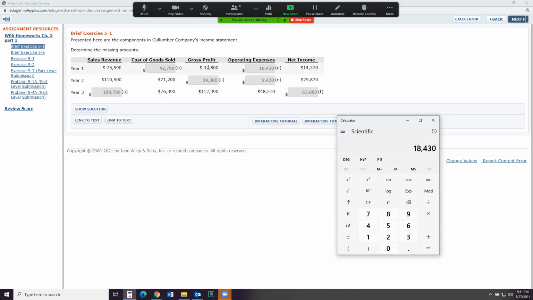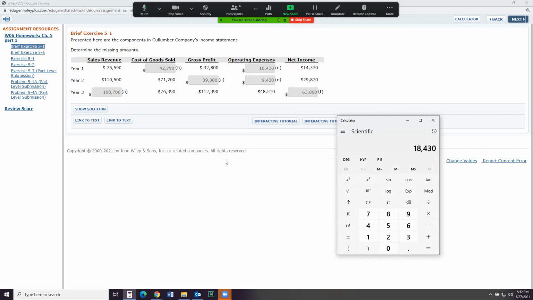So if it's gross profit minus operating expenses equals net income, it could also be gross profit minus net income equals operating expenses. So on this second one, we have to calculate gross profit first. Then we can use that same formula of gross profit minus net income equals operating expenses to find it.